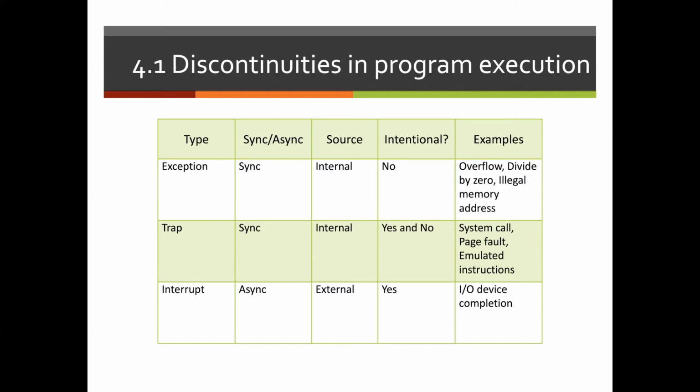A trap is represented as a synchronous event. The source is typically internal, and it either can or can't be intentional, so it could be either one. This could be based off of a system call, page fault, or some other instruction error.